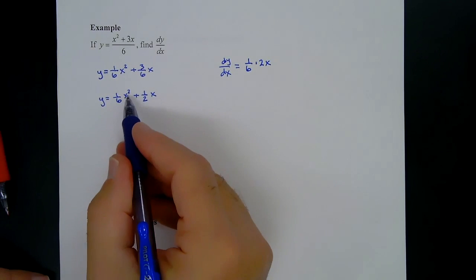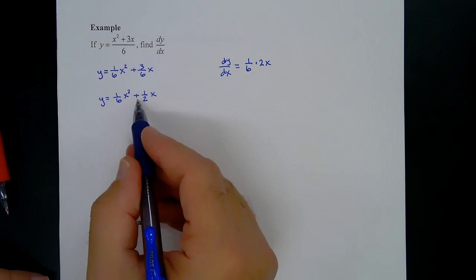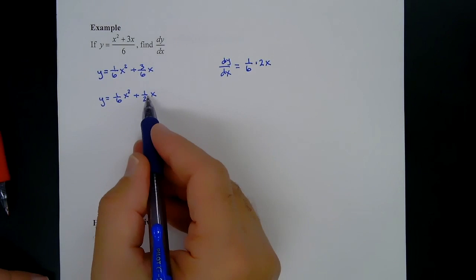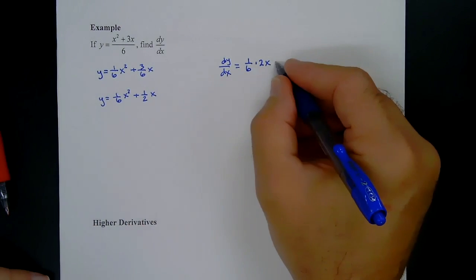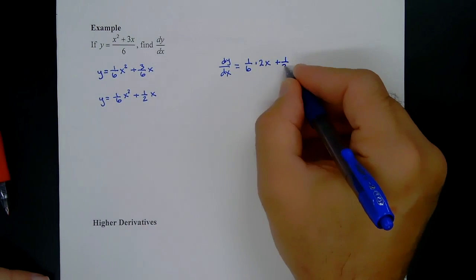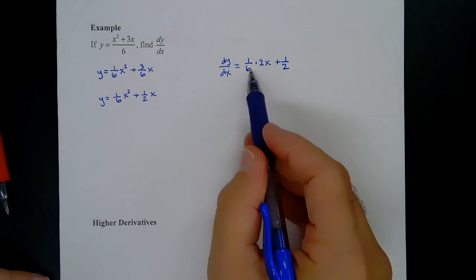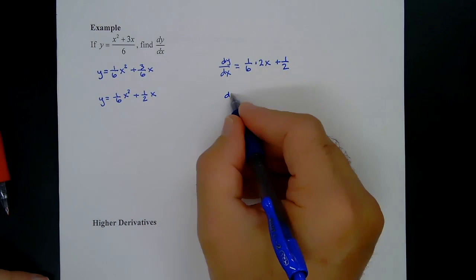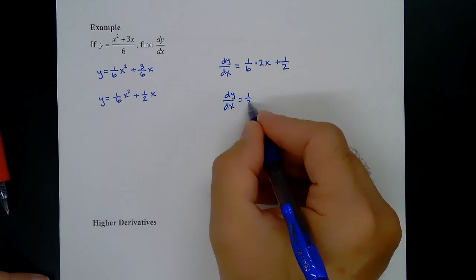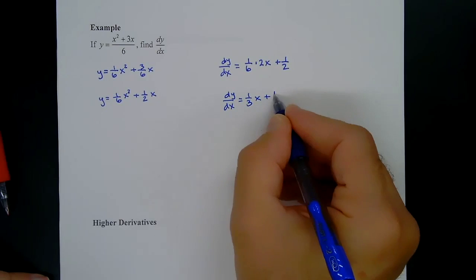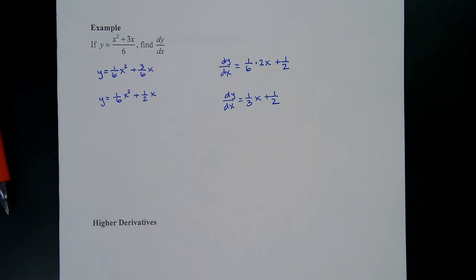Because the power comes down, subtract 1 from the power, and then plus, power down, 1/2 times 1 would be 1/2, and then this becomes x to the 0, which is just 1, so it's just going to be plus 1/2. Okay, so this becomes 2/6, which is 1/3, and dy over dx is equal to 1/3 x plus 1/2, and it's as simple as that.